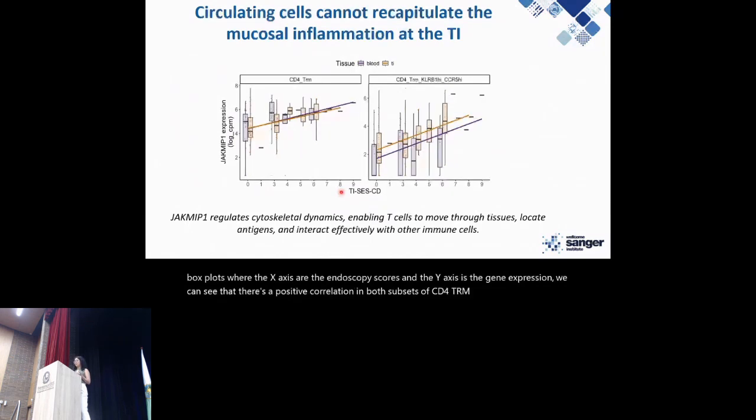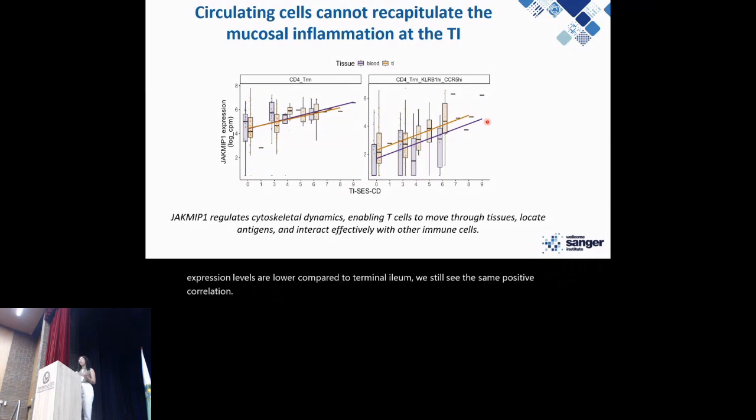Now, if we look as well at the blood, we see a similar pattern, meaning that there's a positive correlation. And even though in the case of the pro-inflammatory subset, the gene expression levels are lower compared to terminal ileum, we still see this same positive correlation.